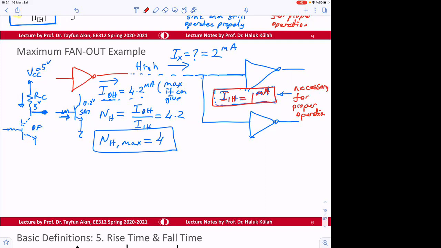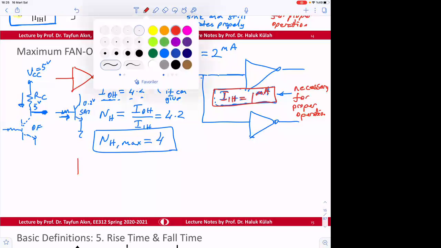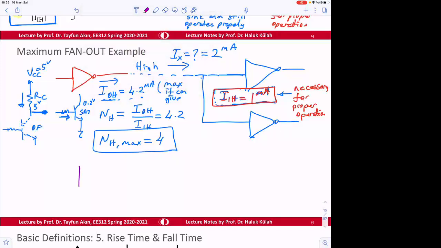So let's do this for the other case, let's say, this case. Now maybe I should do it another color again. Now this time we will be defining output low.